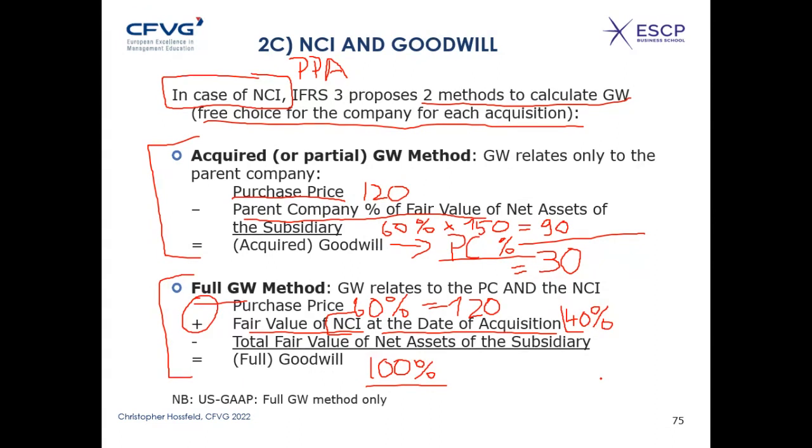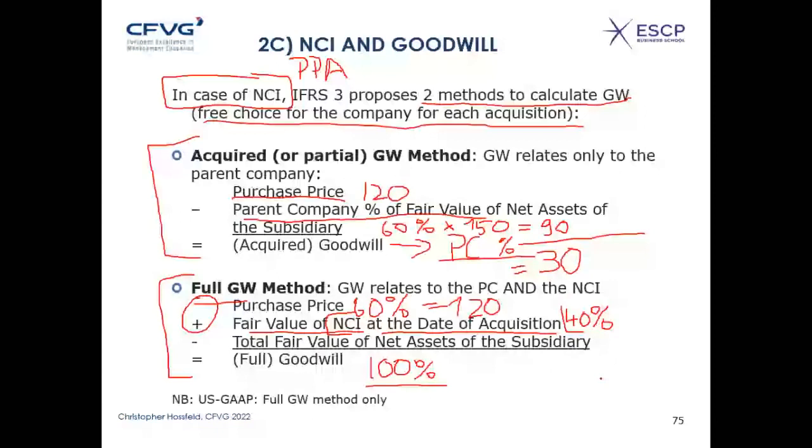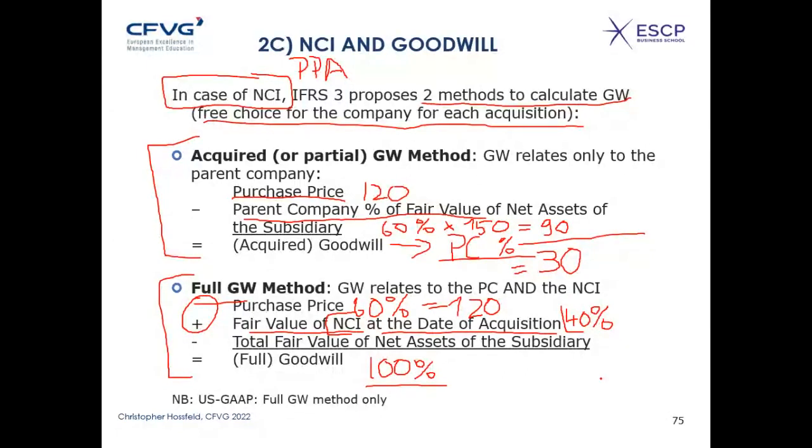It's actually not allowed. Why not? Well, because buying 60% of a company is not the same thing as buying 40%. And since these are not the same, these differences will be reflected in the purchase price. Therefore, 40% of a company is not the same price proportionately as buying 60%.